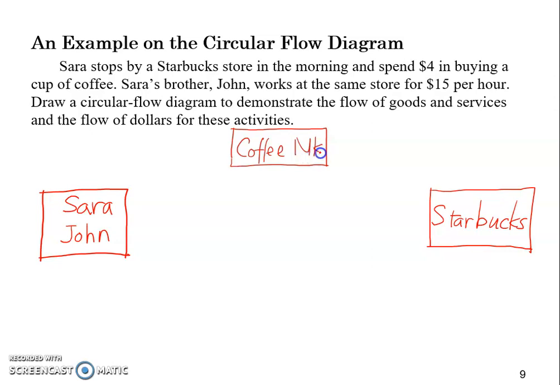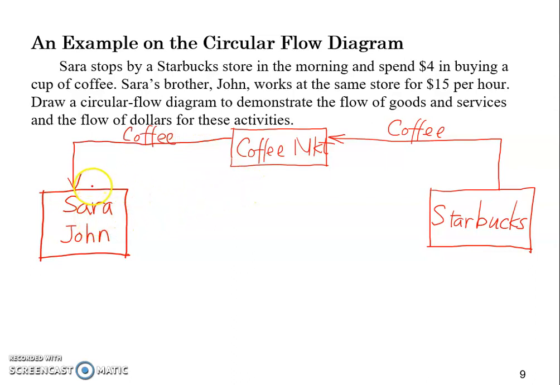When Sarah purchases a cup of coffee, the coffee flows from Starbucks through the coffee market, eventually to the hand of Sarah. So here we're supposed to put coffee here and here.